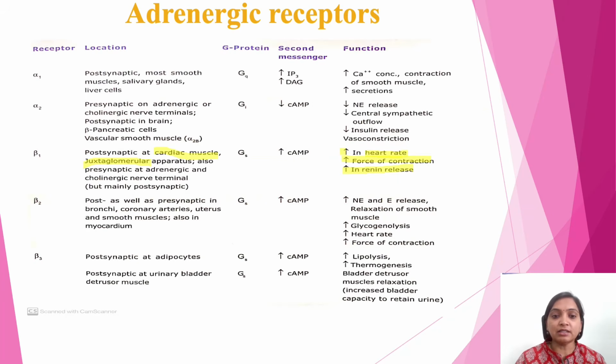All these will cause hypertension, that is increase in the BP. Beta 2 is present on pre and post synaptic bronchi, coronary artery, uterine and other smooth muscles, and also in the myocardium.